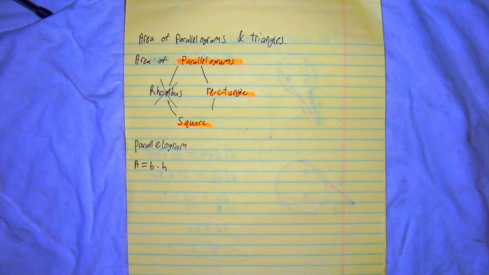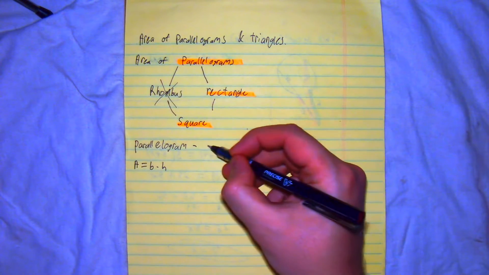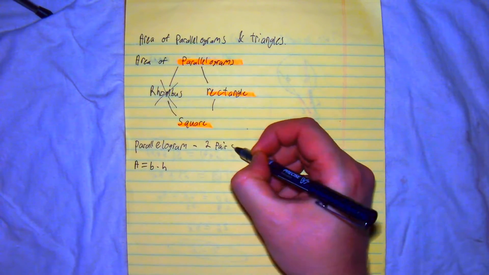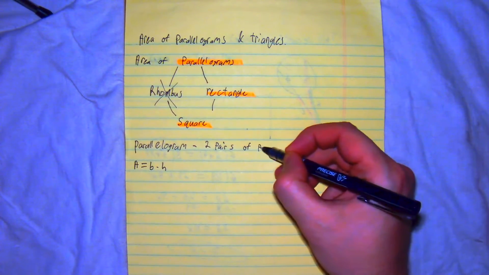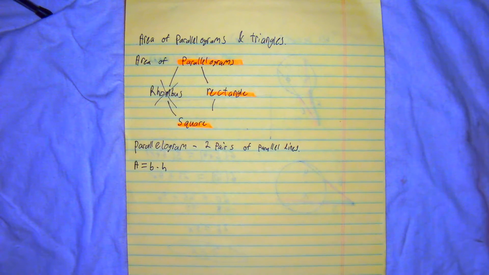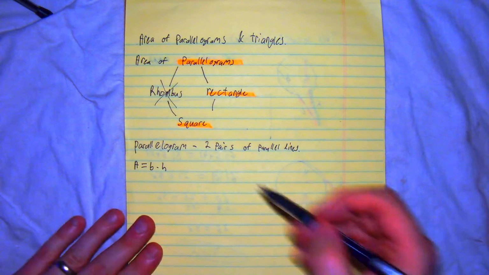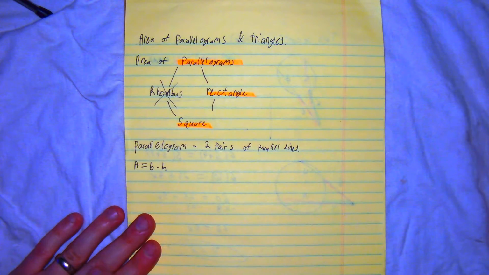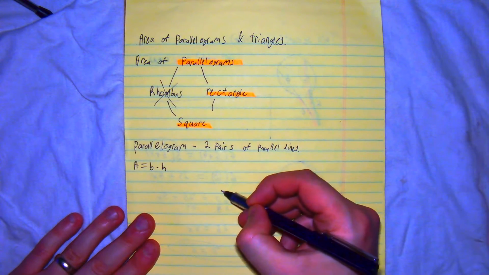If you can recall, a parallelogram has two pairs of parallel lines. So the opposite sides create two pairs of parallel lines. The parallelogram looks like this.